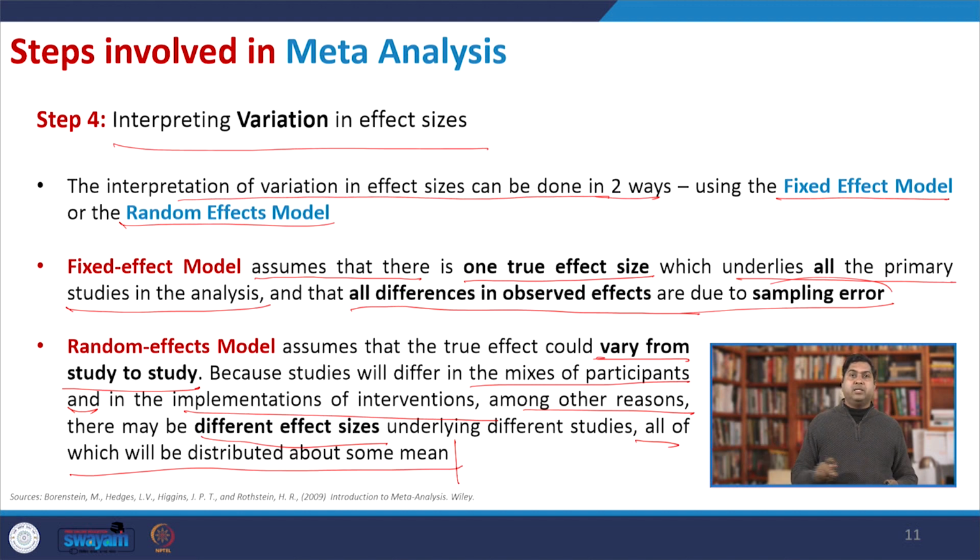So depending on the researcher's need, we need to select this. There are certain indicators by which you will understand that if the studies you compare have too much variation, then the fixed effect approach is probably not right. So you have to go for random effects modeling.